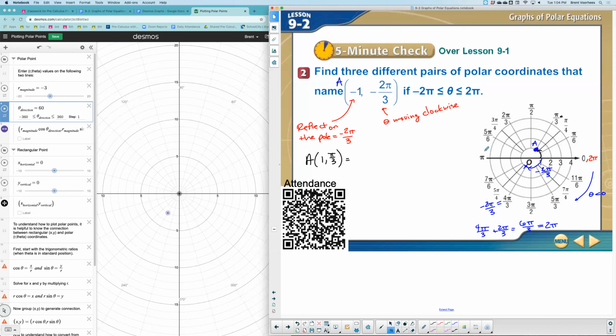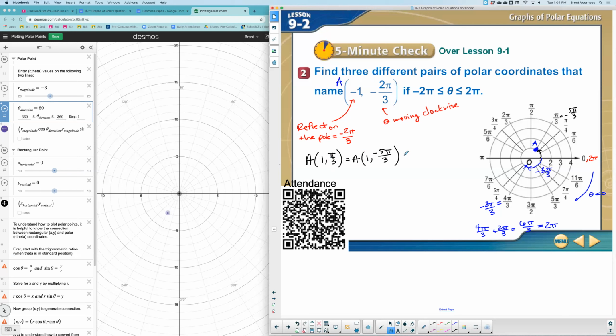Because if you count it all the way around here, that negative 5 pi over 3 is the distance it would have to take going this direction to get to A. You count these values with the negatives in front. Since those two are vertically reflected, it will be negative 5 pi over 3. So this 1 comma pi over 3 is the same thing as 1 comma negative 5 pi over 3, because negative 5 pi over 3 and pi over 3 are coterminal.